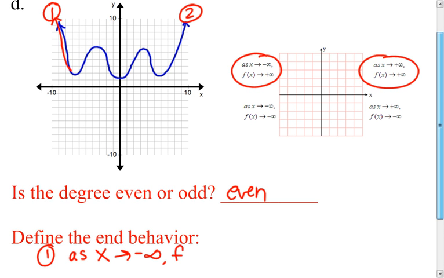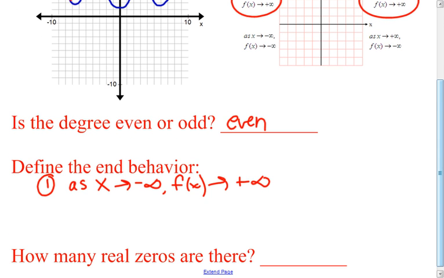And if I'm moving up, my y's, or my f of x's, are getting bigger. Okay? And for part 2, you're moving to the right and up. So if I'm moving to the right, my x is approaching positive infinity. And if I'm moving up, my y's are also approaching positive infinity.